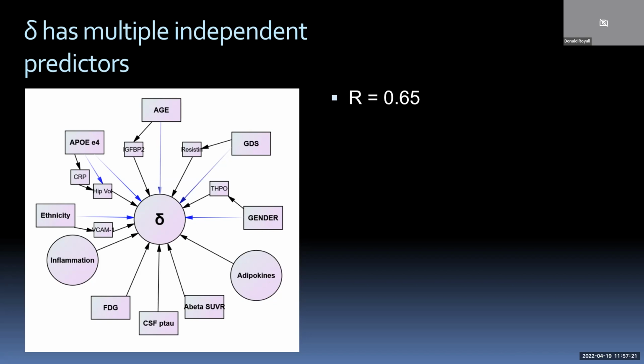Several of them, like I showed you above, are mediated through specific serum protein biomarkers. But the main point here is no one of these risk factors is strongly related to D. They're all weakly to moderately strongly related to D, but they're statistically independent.